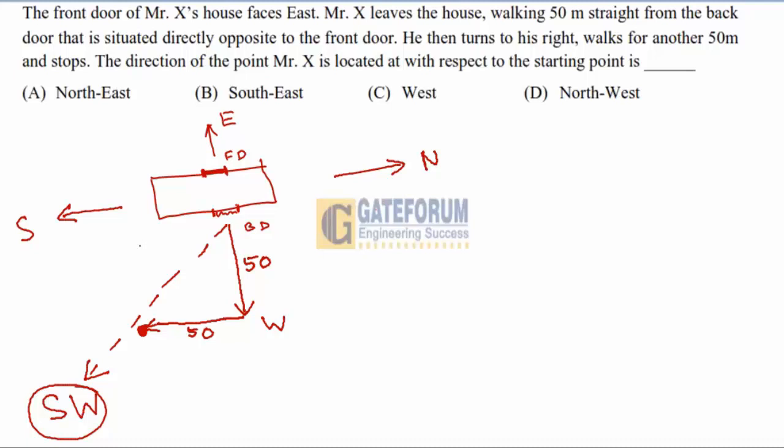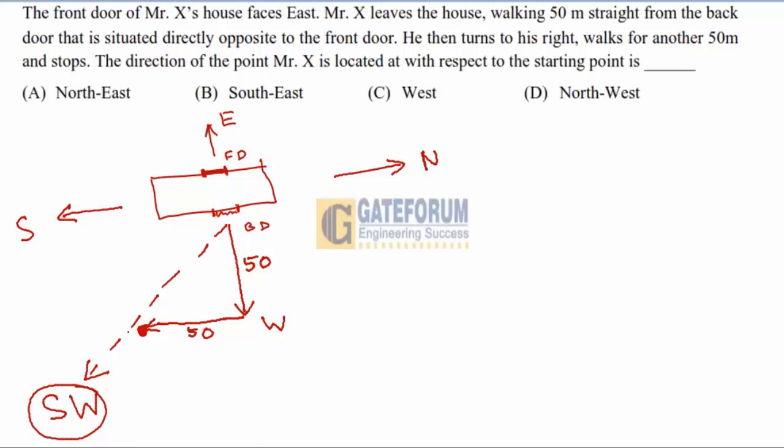So once again, another printing error. Obviously, Mr. X started from the back door that is situated directly opposite to the front door. So the back door is west. They have said that Mr. X's house faces east. So his house is facing east, front door. So he walks right.